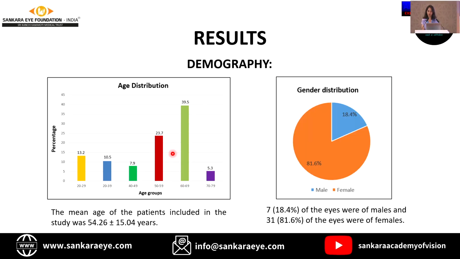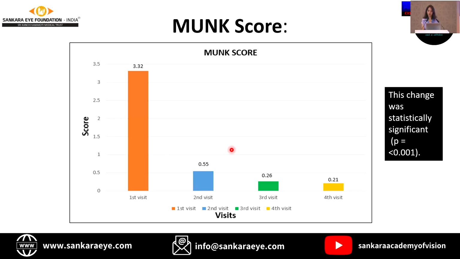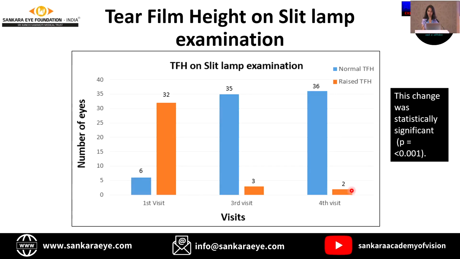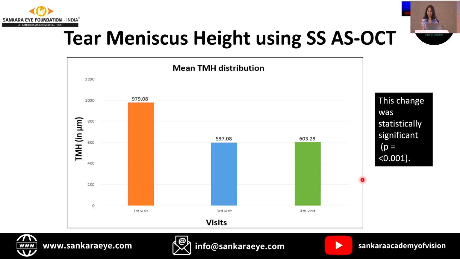The results obtained were as follows. The mean age was around 54 years, and 31 of the eyes were those of females, whereas 7 were those of males. The Munk score showed a progressive decrease from the first visit to the fourth visit, which was statistically significant. The tear film height measured using a slit lamp biomicroscope also showed a progressive decrease, which was statistically significant.